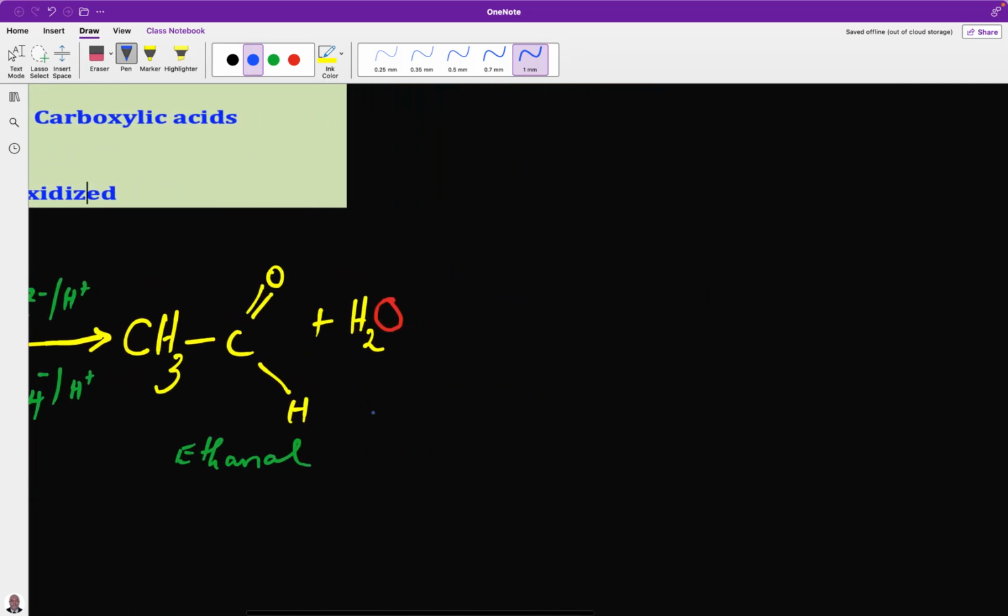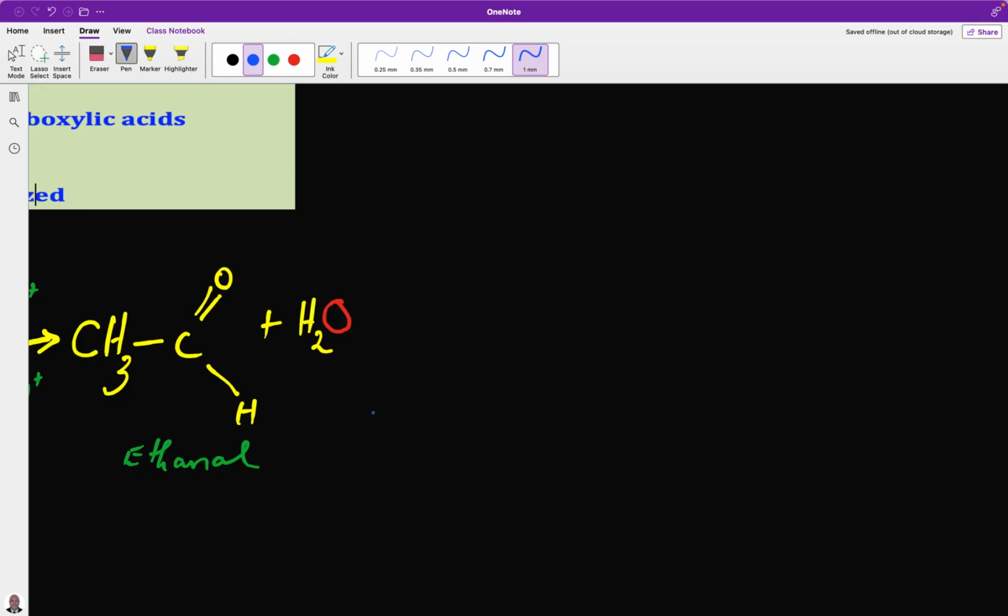Let's go further to see what happens. Step 2. If not distilled off immediately, further oxidation occurs.